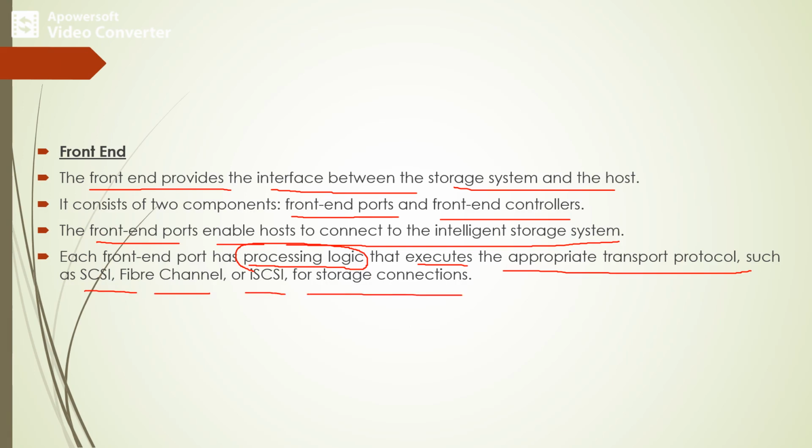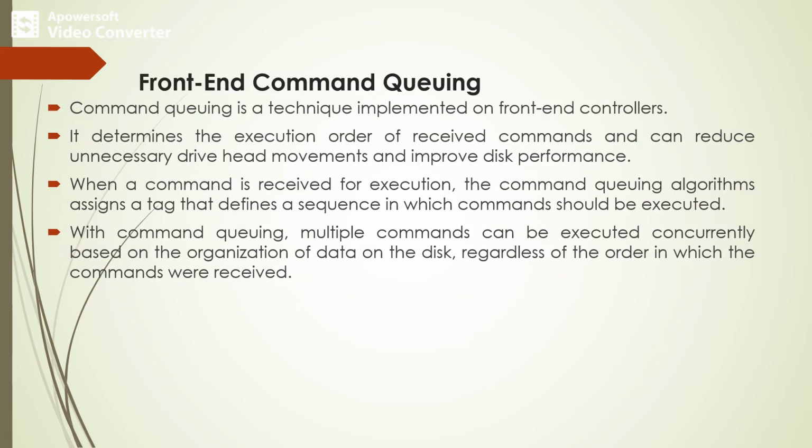Processing logic means the requests arriving across the front end need to be processed, and the commands which appeared from the host need to be executed. For that we have to follow a set of protocols, so we use the appropriate transport protocol such as SCSI, Fibre Channel or internet SCSI for storage connections.